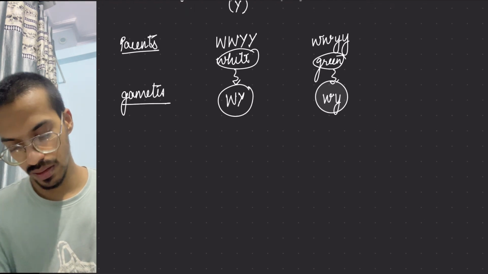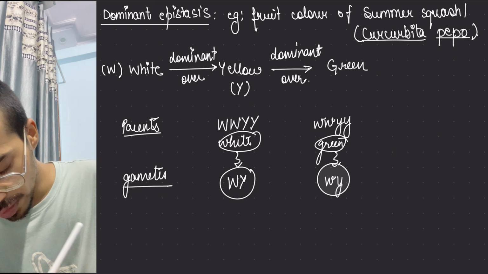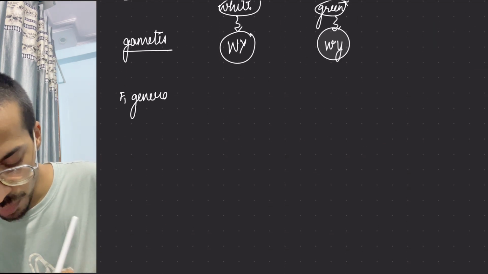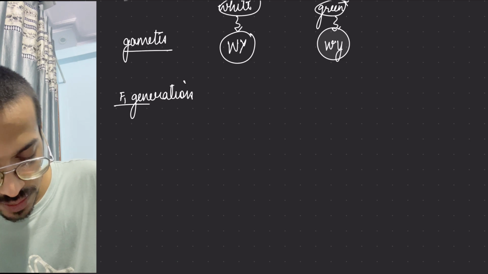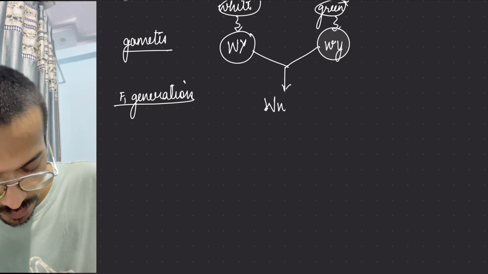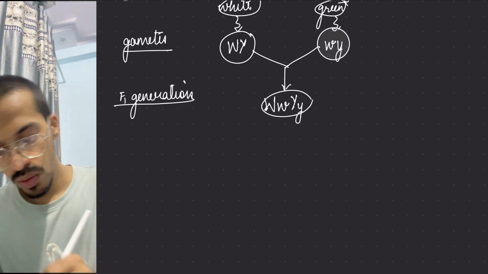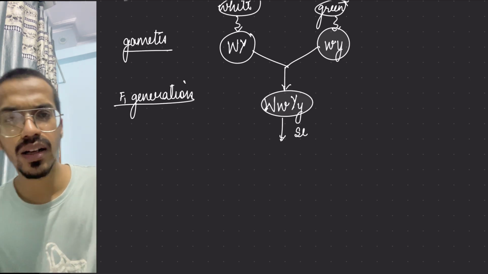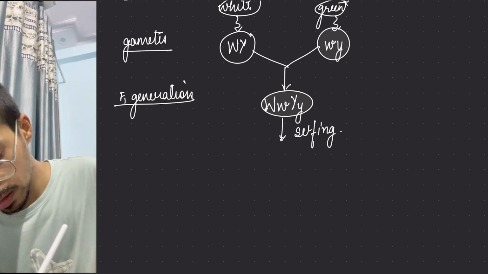Now the F1 generation that will be produced. The F1 generation would be a mix of this, that is capital, small, capital, small. Now we are doing the selfing of it. Again, let's make a Punnett square. So the F2 generation would be like this.